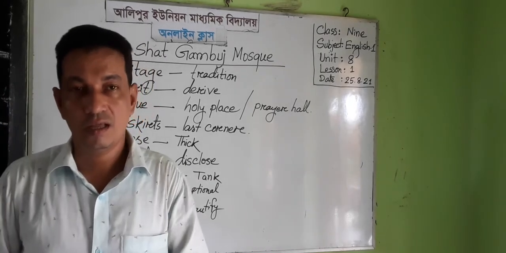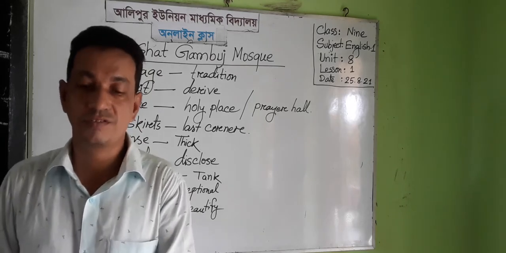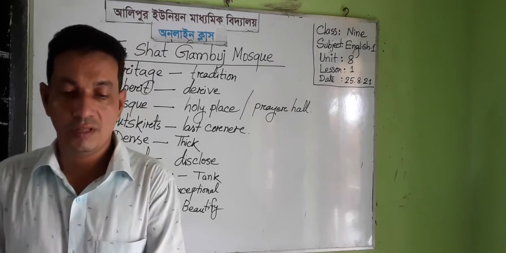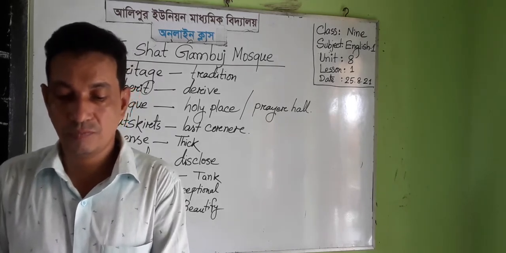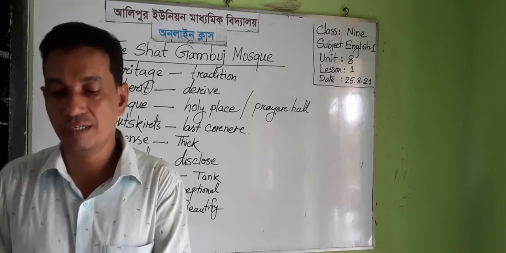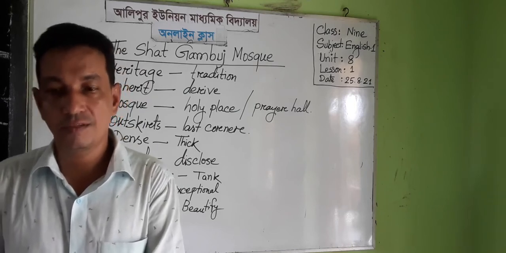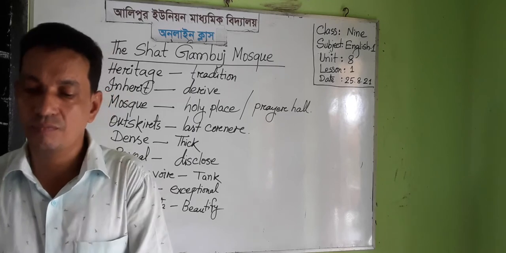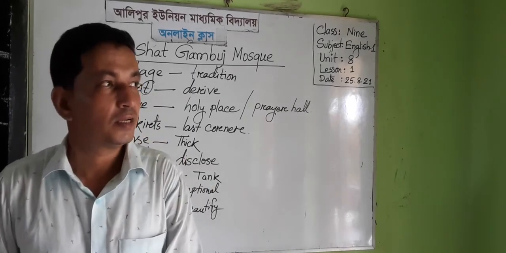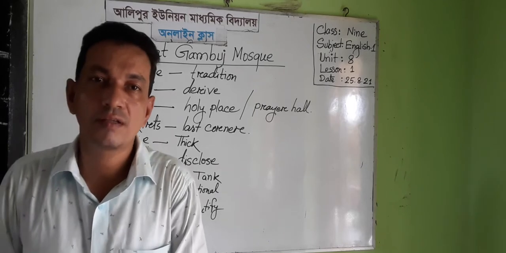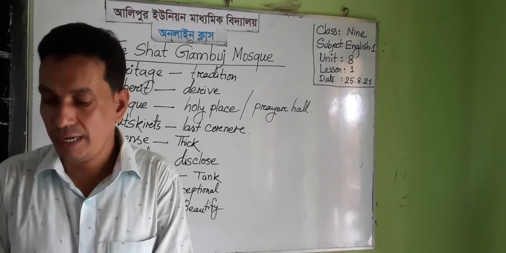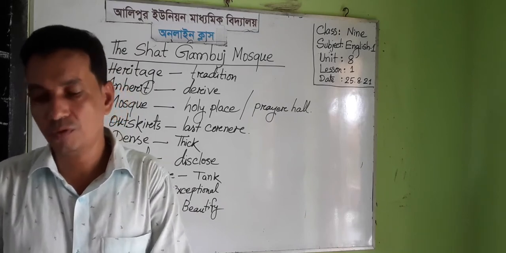He is a saint in Islamic history, and he came from Turkey. The prayer hall or the mosque was built probably in the 15th century. That means the Mughal period.